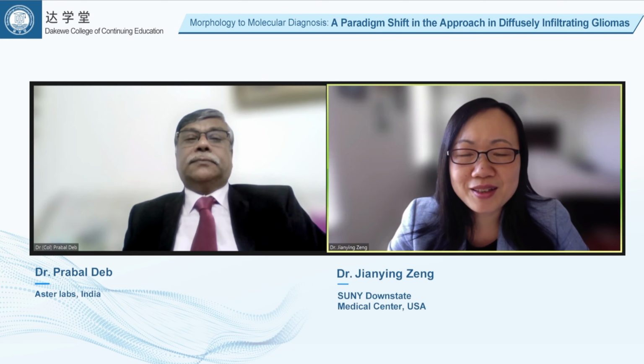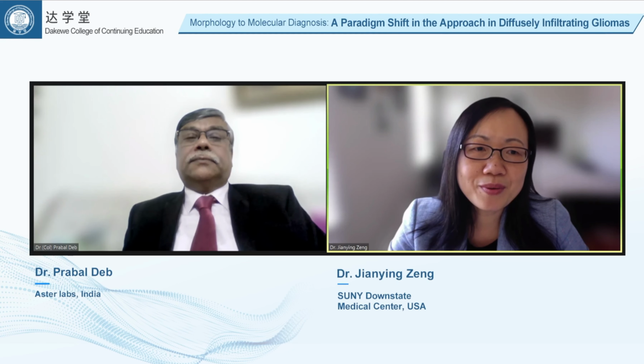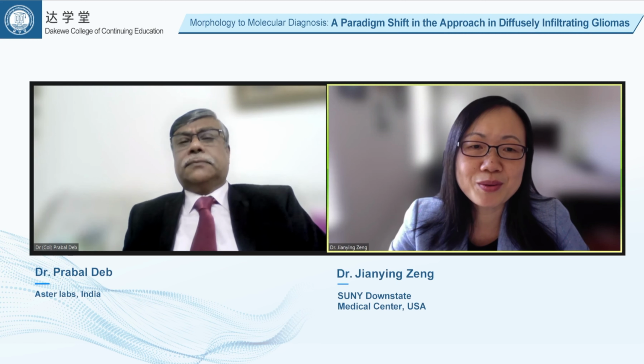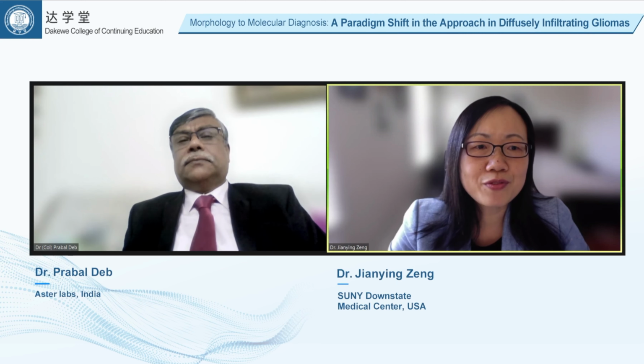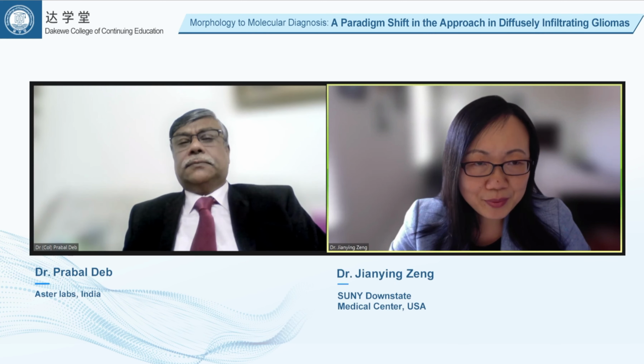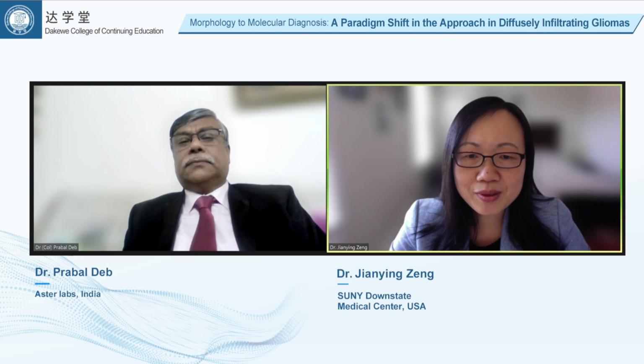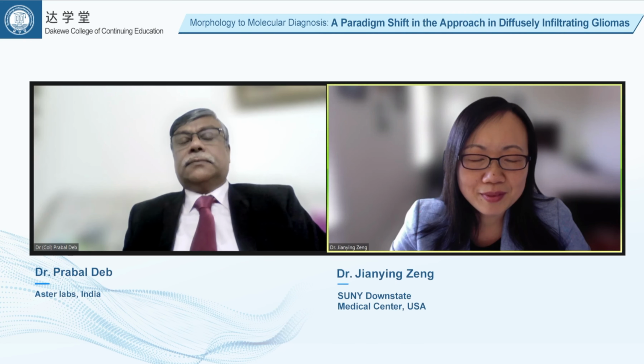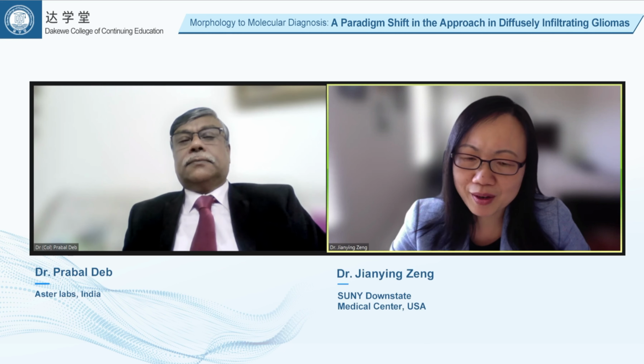Some of us think it's probably progression or arising from PXA and anaplastic PXA, which also have BRAF V600E mutations. All those patients were given BRAF inhibitors. Two of them have a good prognosis.